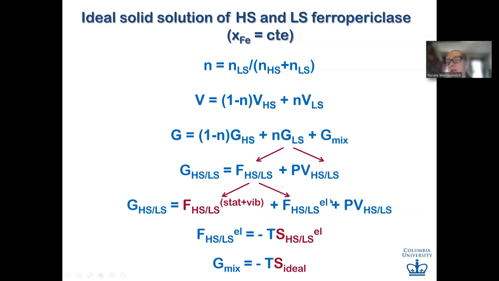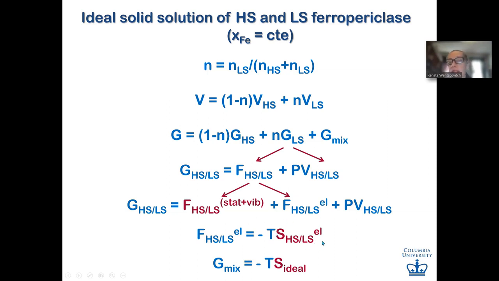And then there is another component here, which we call the magnetic entropy or the electronic entropy, which differs between high spin and low spin states. In our approximation, it is this term here, minus T times the electronic entropy.